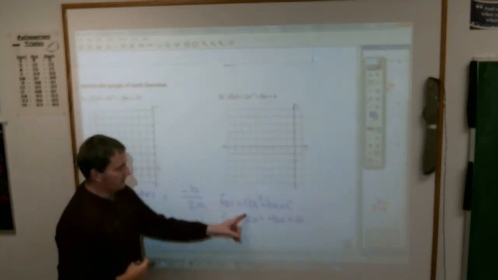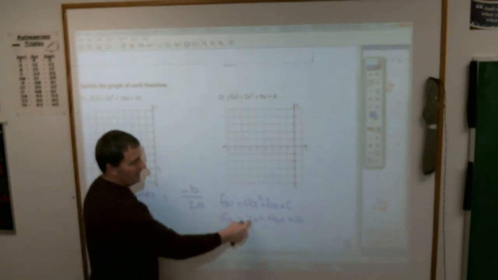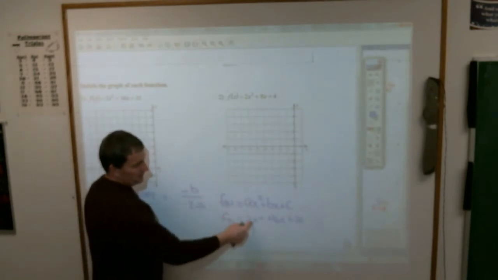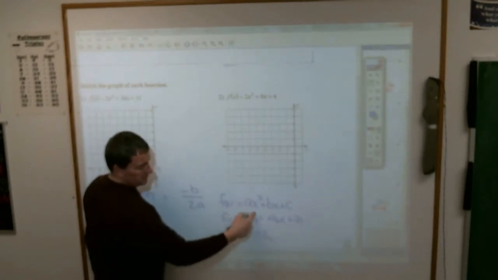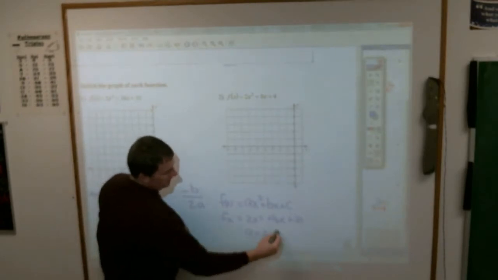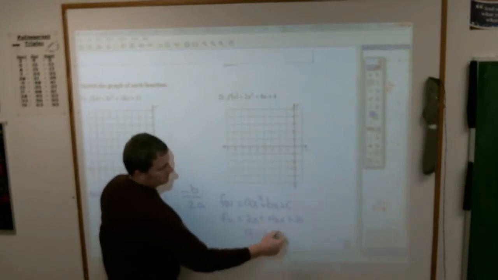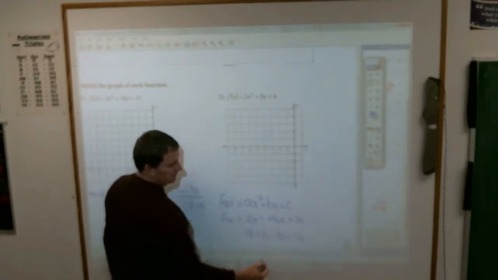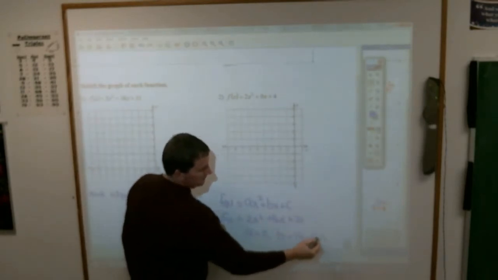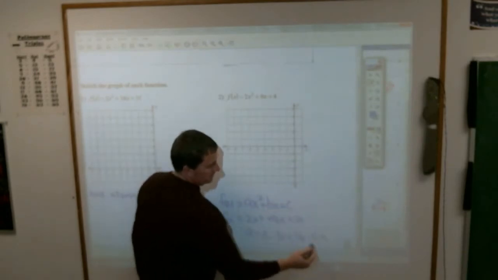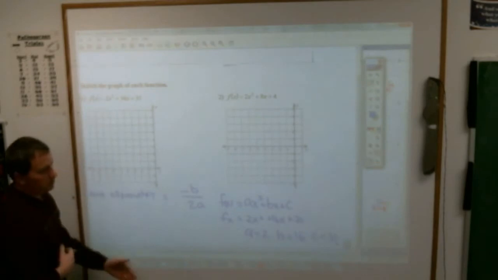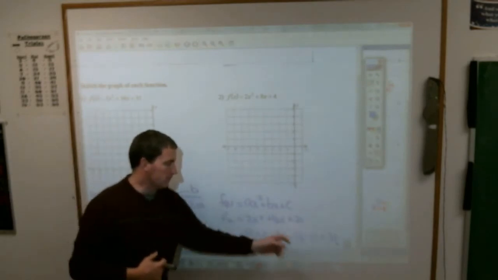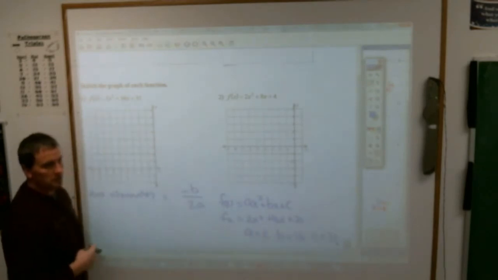What that means is this, people. The letter A is what's in front of the x squared. So A equals 2. The letter B is what's in front of the x, which happens to be, in this case, the 16. And the letter C is the last number at the end, which is 31. Okay, so those are the 3 letters that you're going to need to do this equation quickly.